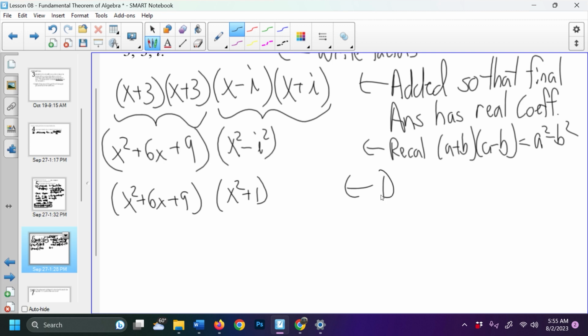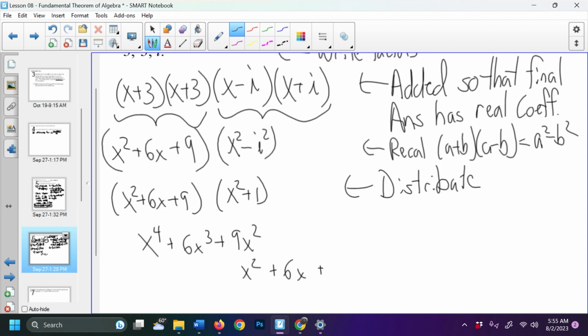So here I will distribute. And so x squared times x squared is x to the 4th. 6x times x squared is 6x to the 3rd. 9 times x squared is 9x squared. x squared times 1 is just x squared. 6x times 1 is just 6x.